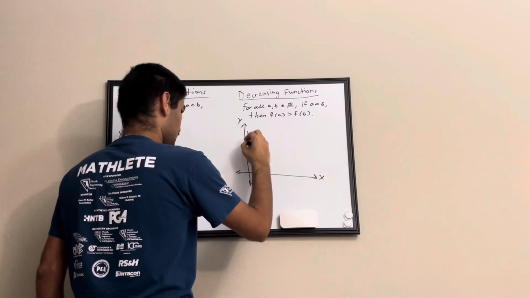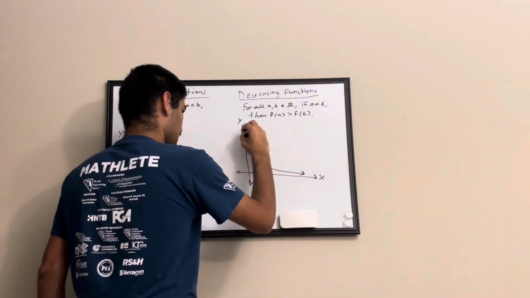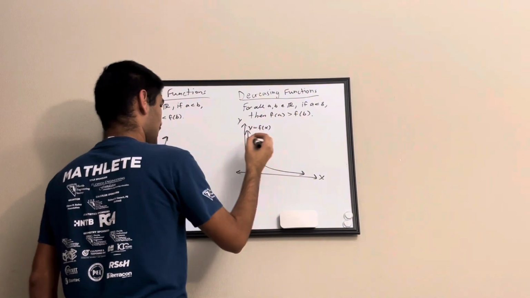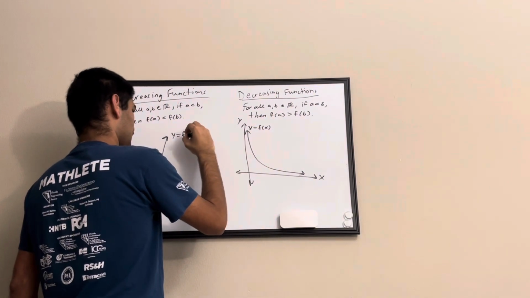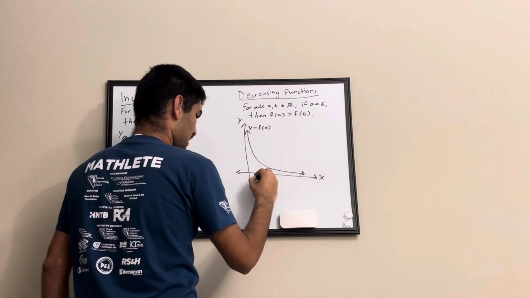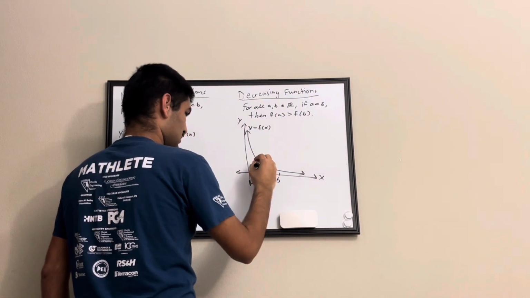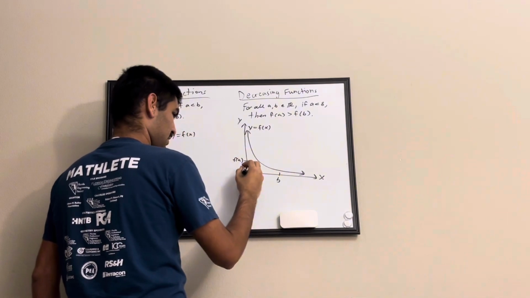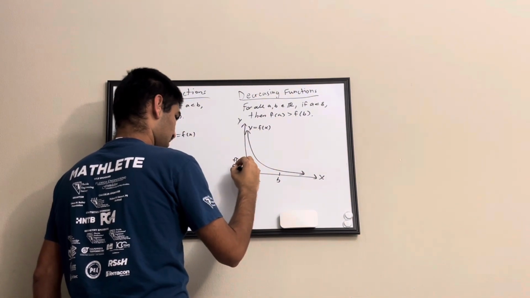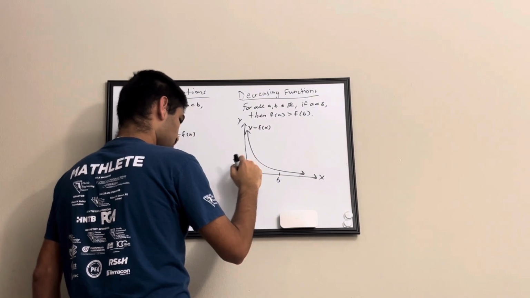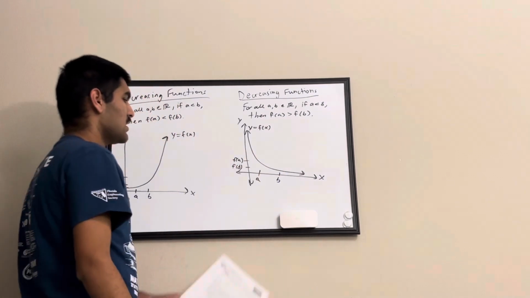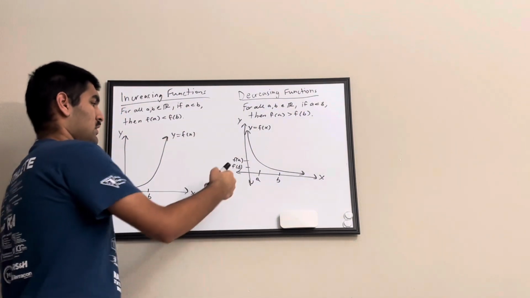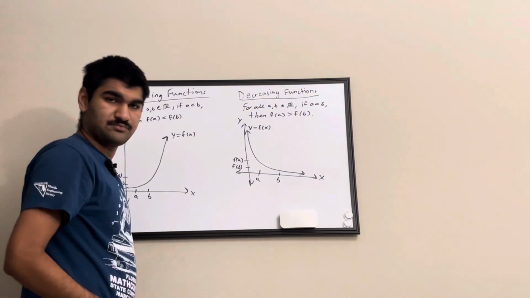That's a decreasing function, y equals f of x. If we choose this to be a and this to be b, then f of a is right about there, and f of b is right about there. Now we can see that when a is less than b, f of a is greater than f of b. And that's what characterizes a decreasing function.